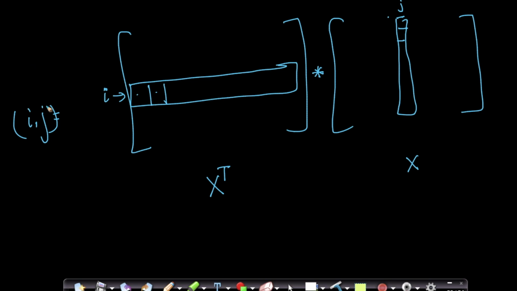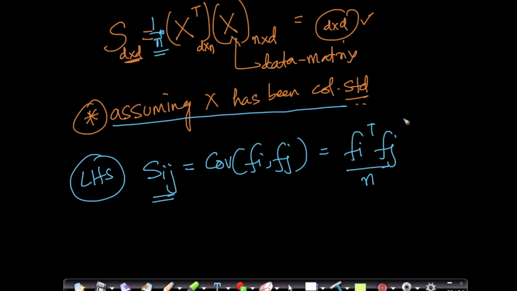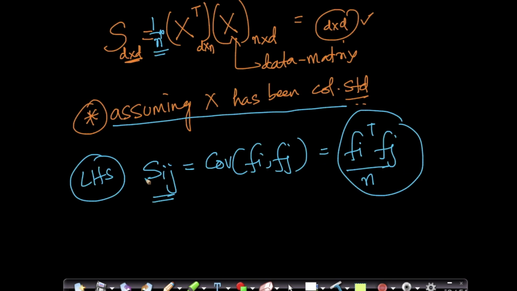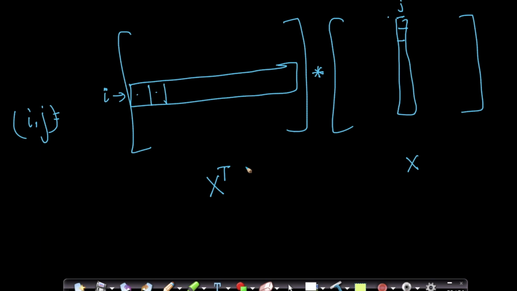On the LHS, we know that Sij is nothing but Fi transpose Fj by n. Now let's look at our RHS. I need to prove that the ijth component of this multiplication is nothing but Fi transpose Fj. I know that the jth column in X is nothing but Fj.